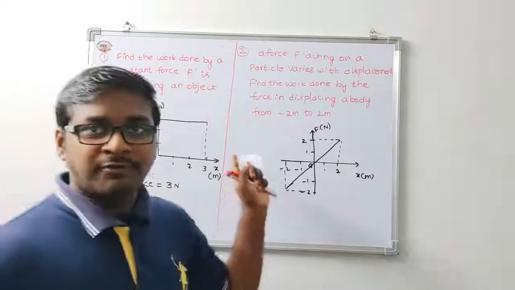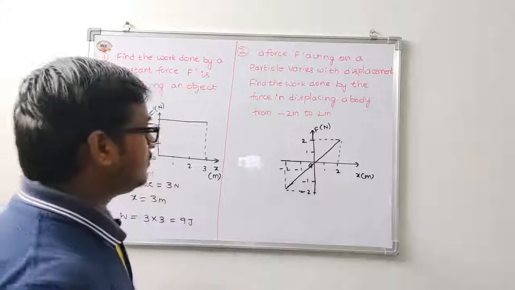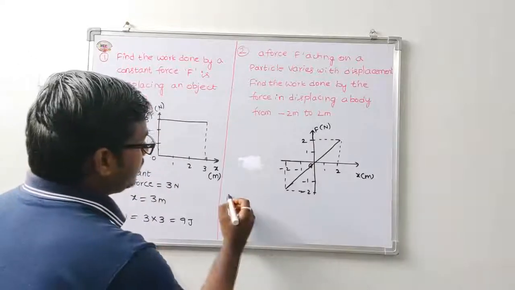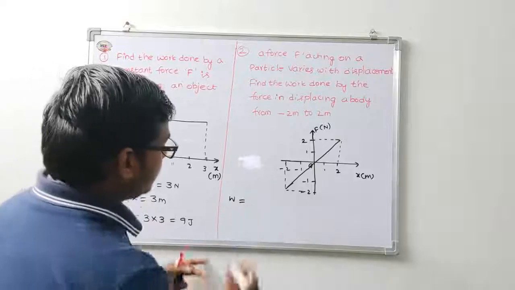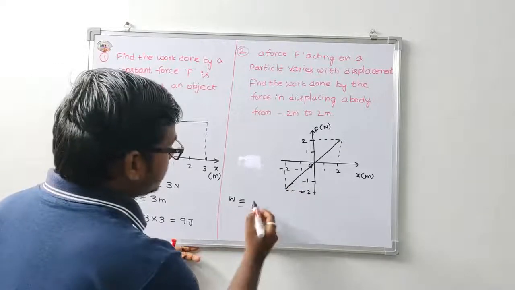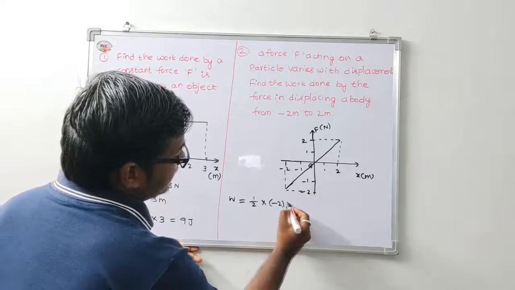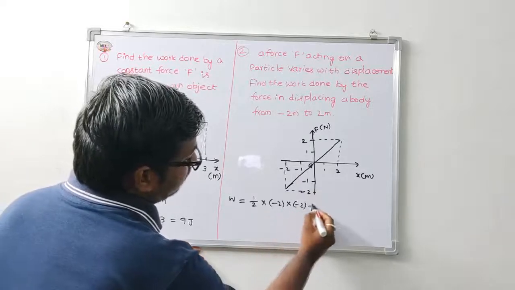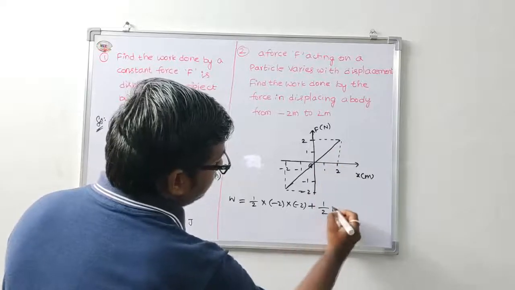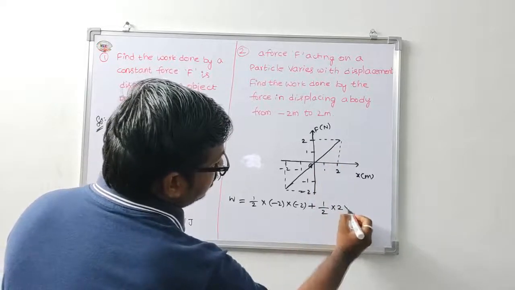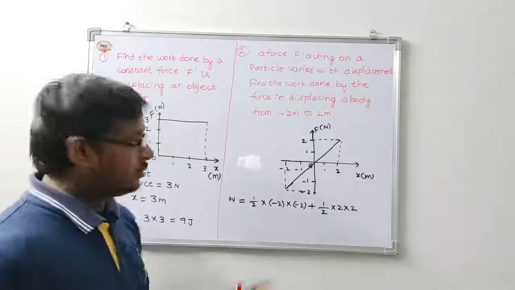The work done by the force is equal to the area under the curve. The work done is equal to, first take this one, the triangle shape: half into base into height, minus 2 times minus 2, plus in this area half into base 2 and height also 2.